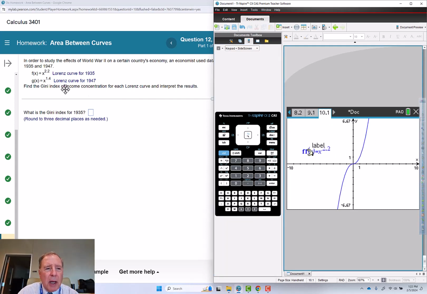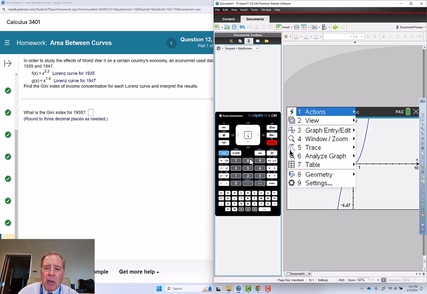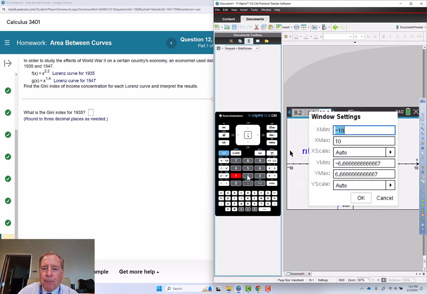And then I don't have a good window here. I'm going to want to zoom in right in this area. So menu 4, 1, and I'm going to go negative 0.5 to 1.5 by 0.2s. Same thing, negative 0.5 to 1.5 by 0.2s.